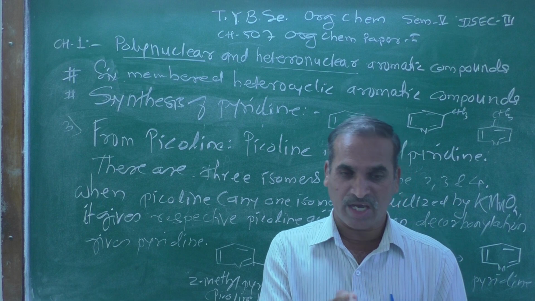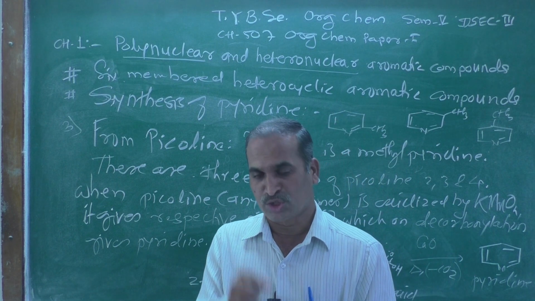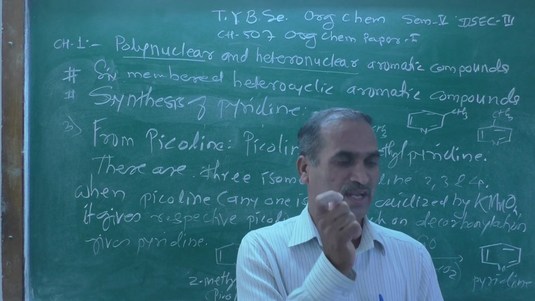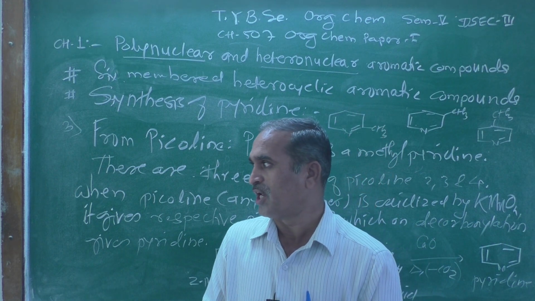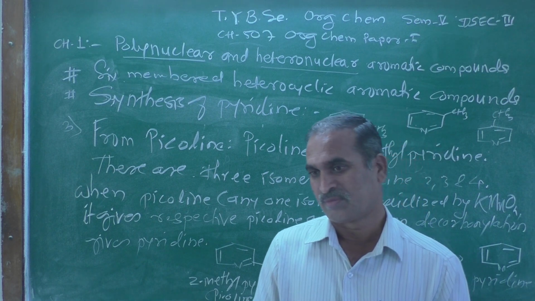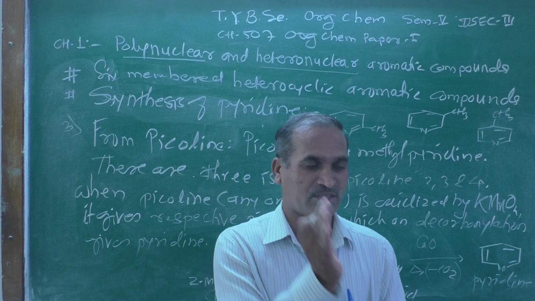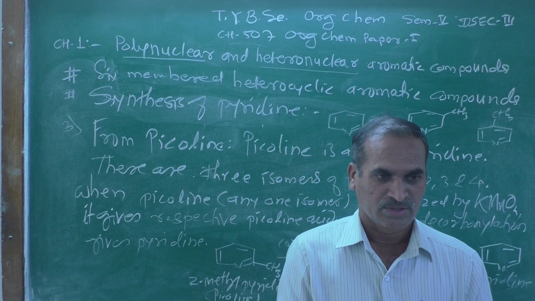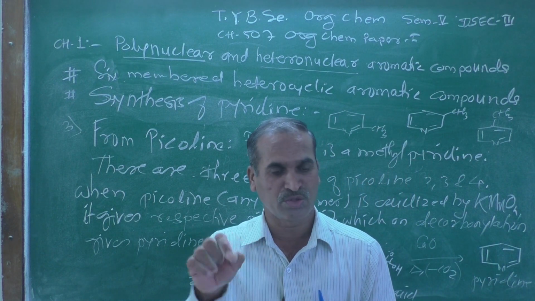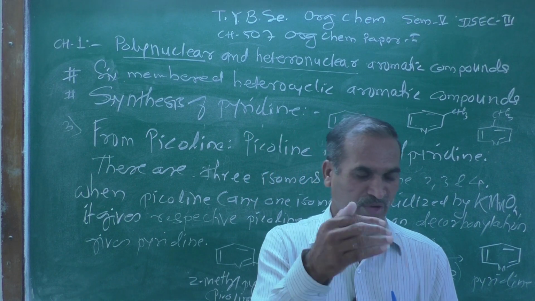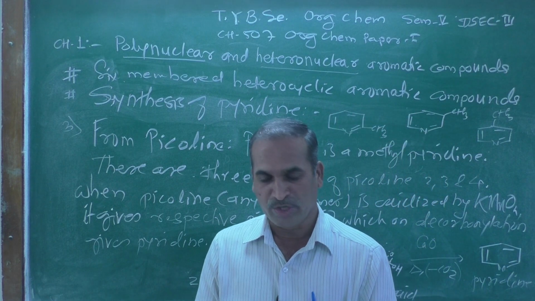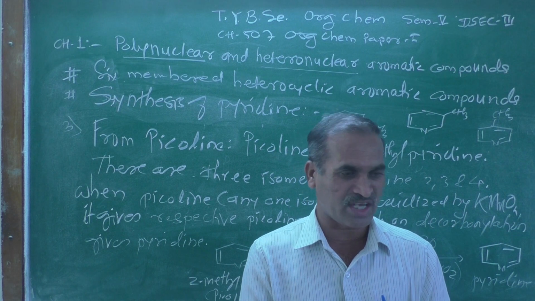But when we actually drew the resonating structures by attacking the electrophile at 2 position and at 3 position, what we found is that when the electrophile attacks at 3 position, we found 2 resonating structures, but when the electrophile attacks at 2 position, we found 3 resonating structures.